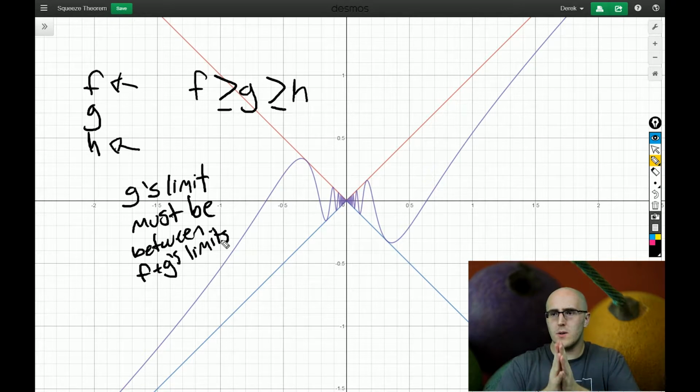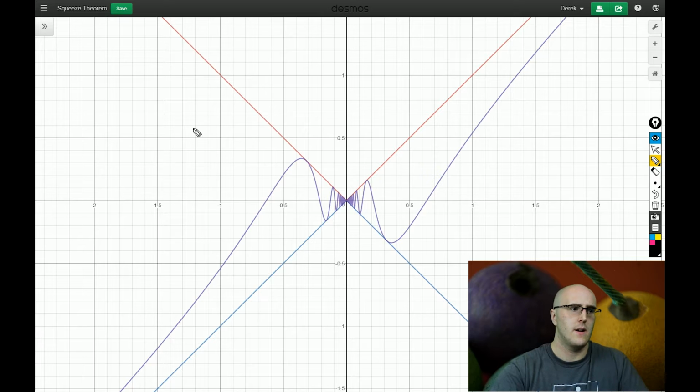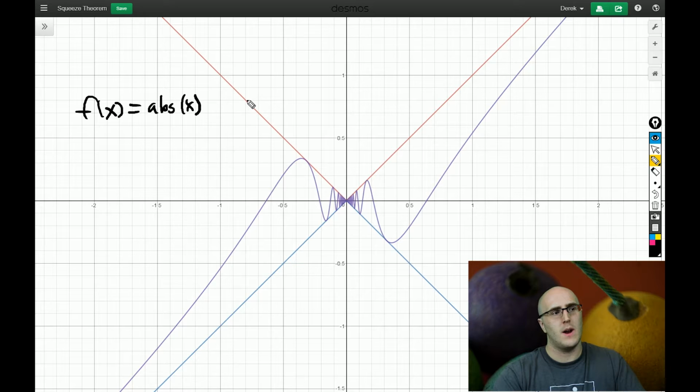So let's go through this example here so I can show you what we're really talking about. Our top function here, I'm going to get rid of our text here. The red line is the function f of x equals the absolute value of x. So that's the red line.